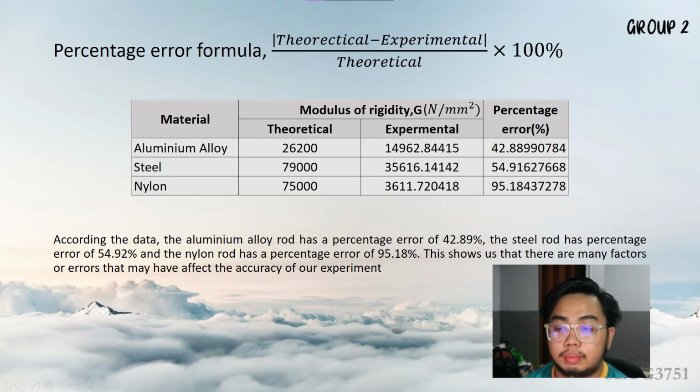The steel rod has a percentage error of 54.92%, and the nylon rod has a percentage error of 95.18%. This shows us that there are factors and errors that may have affected the accuracy of our experiment due to the presence and the values of the percentage error.